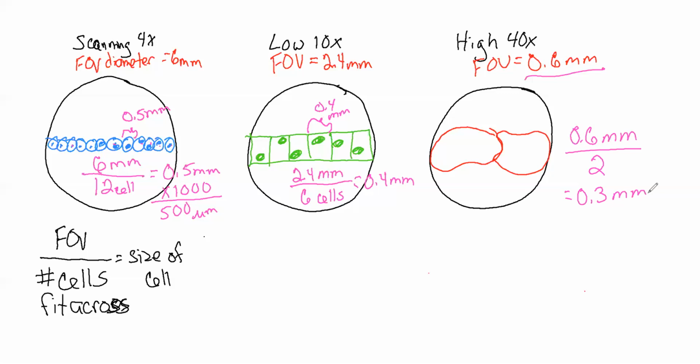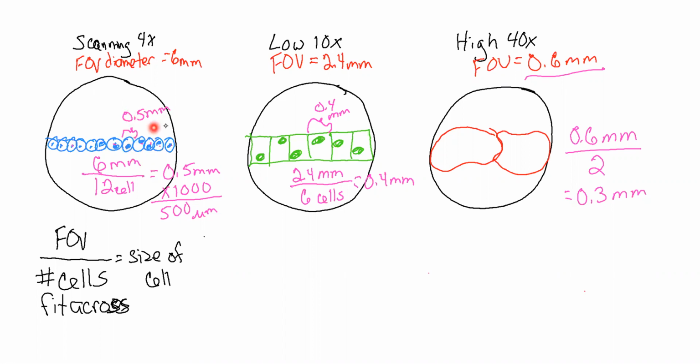For example, here we were at a smaller power, only using the 4x objective, which was a total magnification of 40x. We saw cells here that look kind of small in the drawings, and they're really 0.5 millimeters or larger. We're just looking at them from farther away.